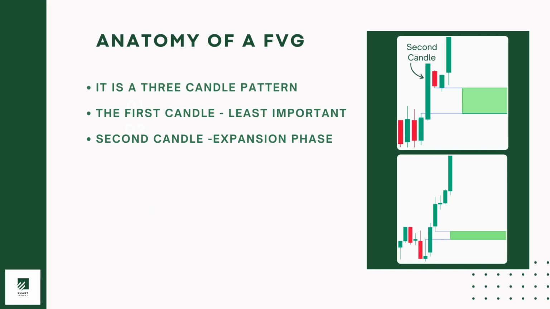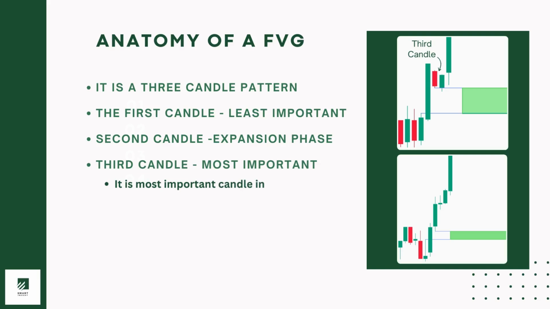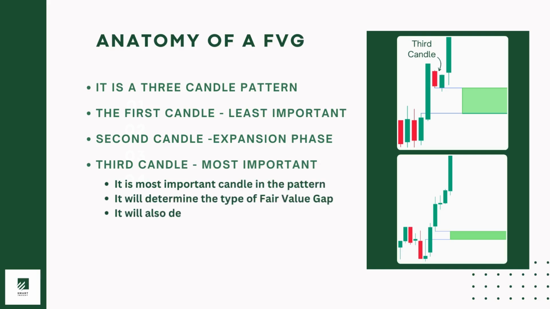Now, let's look at the third candle in the pattern. For us, the third candle is the most important candle. The third candle is going to define what type of fair value gap it is, whether it is a fair value gap or not, and what we are going to do after that fair value gap is formed. It is all defined by the all important third candle.